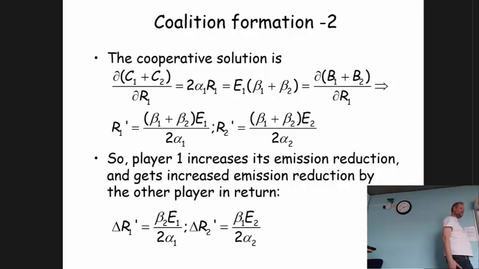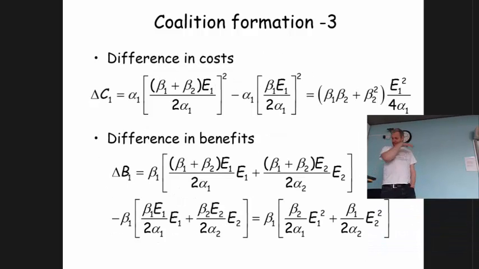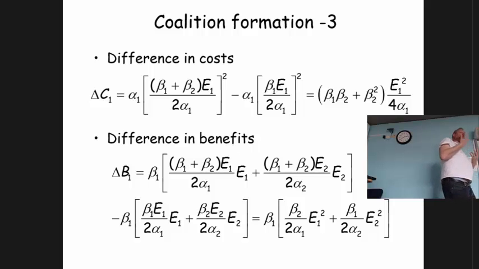That is coalition formation between two players. You can work out the difference in costs and the difference in benefits. This works if it pays off to you: if my extra emission reduction on your behalf brings a small cost to me, whereas your extra emission reduction on my behalf brings a large benefit to me, then this is a good deal for me.